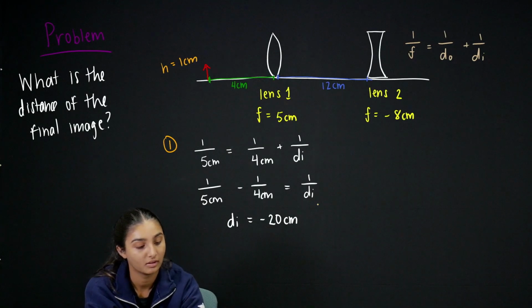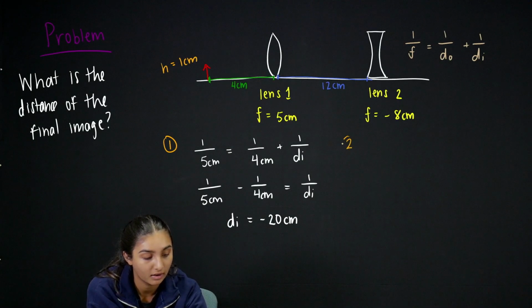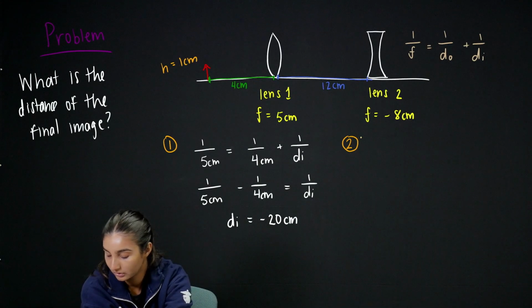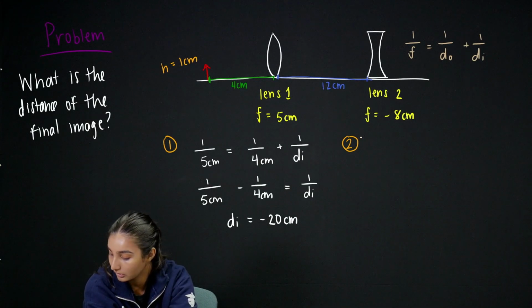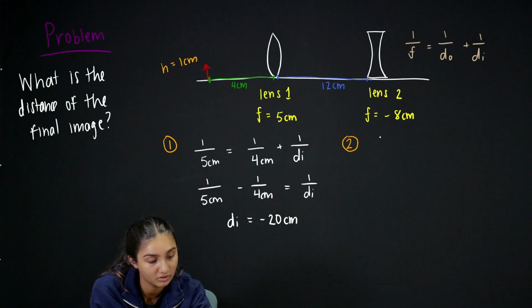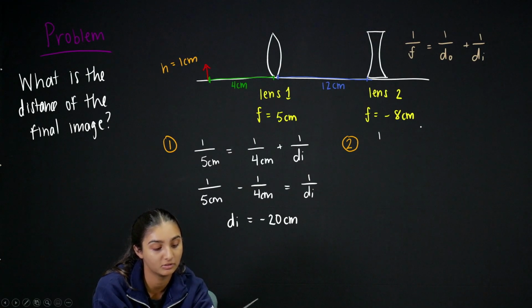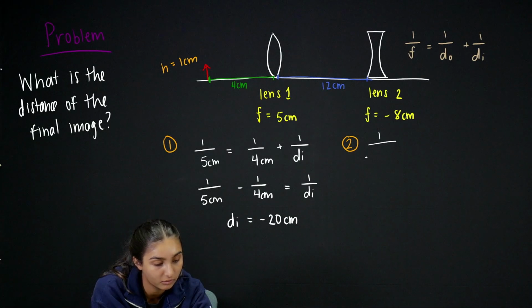And we're going to take that and look at lens 2. So looking at lens 2, our same equation, but we're going to use the focal length of lens 2. So we have 1 over negative 8 centimeters.